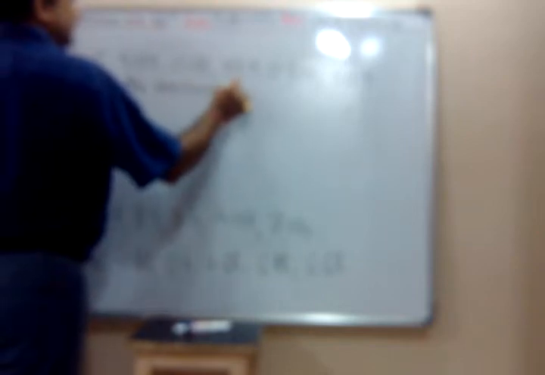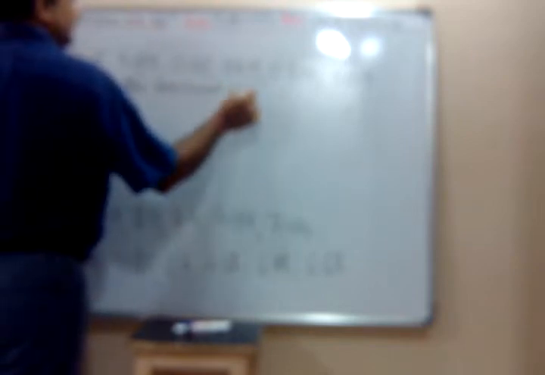So first we convert them into like decimals. So let us count the number of digits after the point.